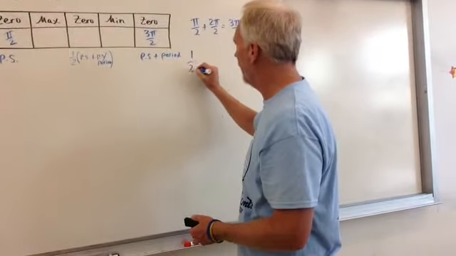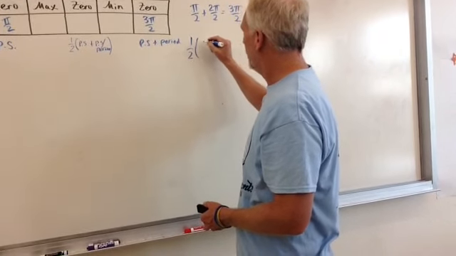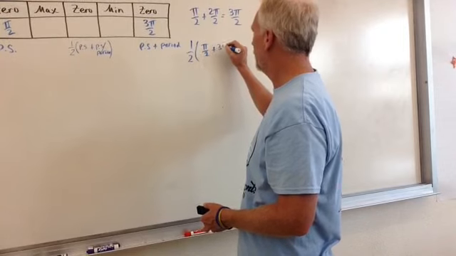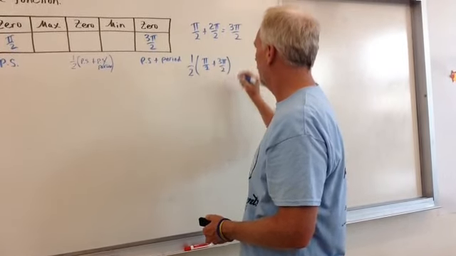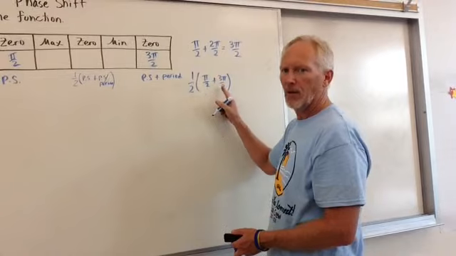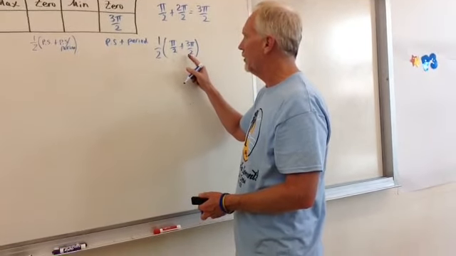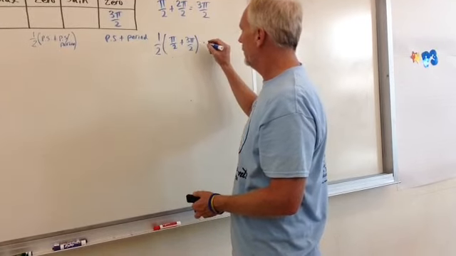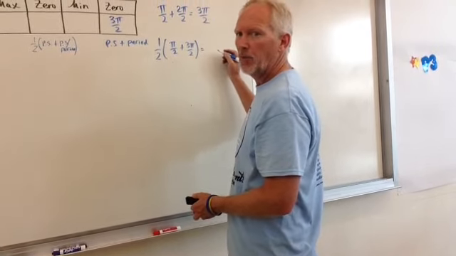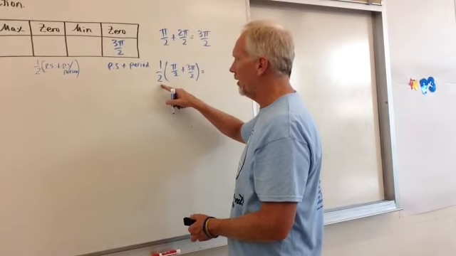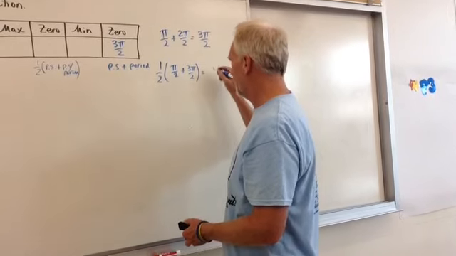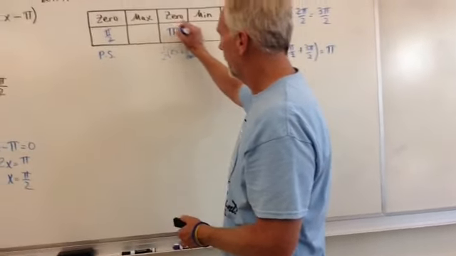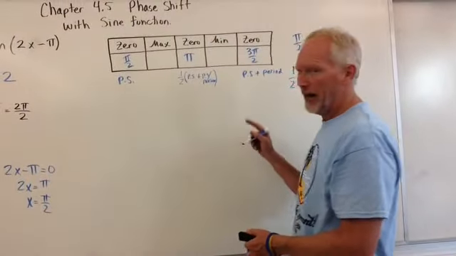We take 1/2 of pi over 2 plus 3 pi over 2. This ends up being 4 pi over 2, which is 2 pi. 2 pi multiplied by 1/2 is just pi. So we know that the middle is at pi.